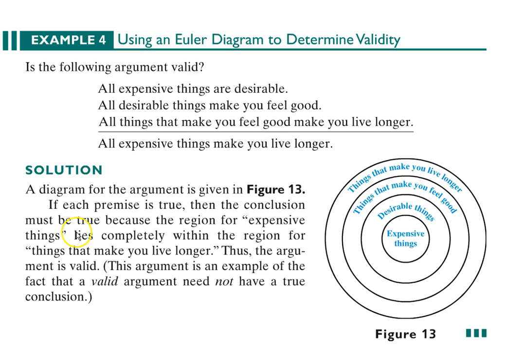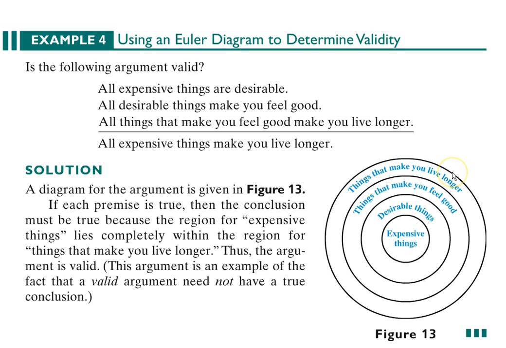Then the conclusion must be true. But here's a case where the argument may be valid, but the conclusion may not be true. I think this is what is shown here.